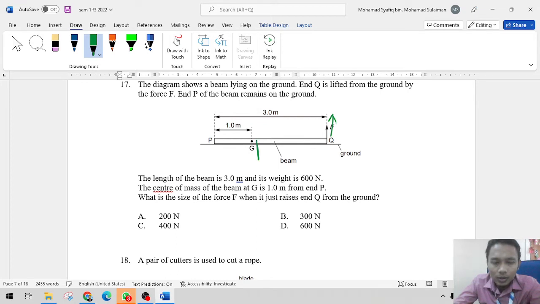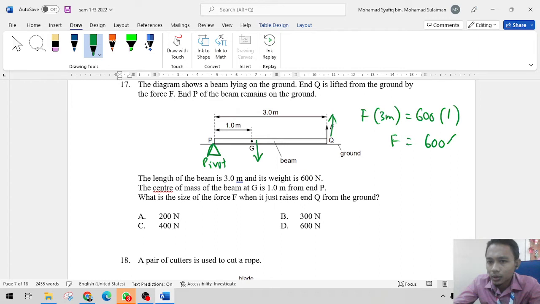Here is the pivot. We need to find the force. So force times 3 meter is equal to the weight, 600 Newton times 1 meter. So F is equal to 600 times 1 divided by 3, equal to 200 Newton.